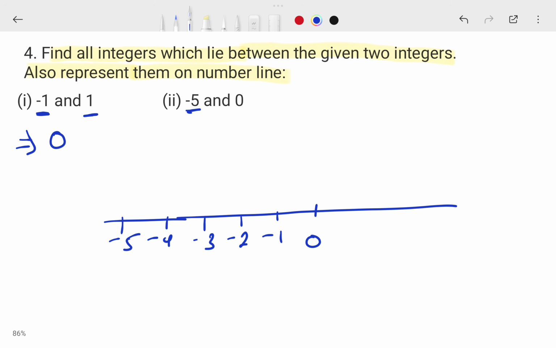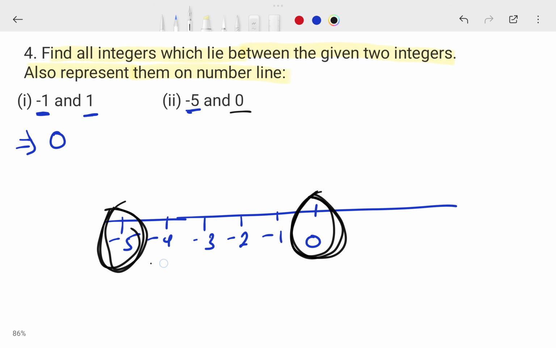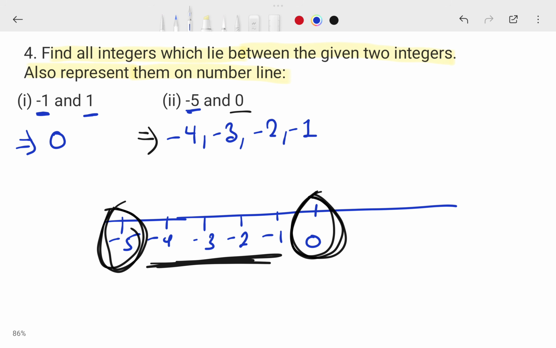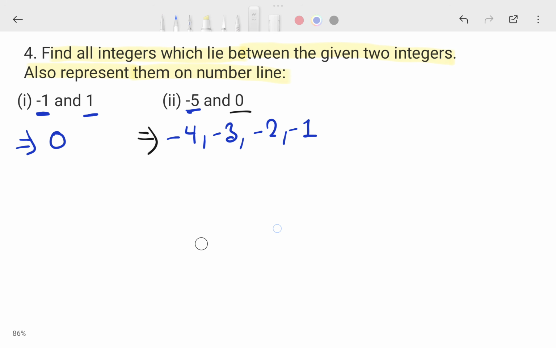From minus 5 to 0, how many numbers are between them? There are a lot of numbers in between: minus 4, minus 3, minus 2, and minus 1 are there. So you will write that as the answer. Okay, so is it over? This is the answer to that one.